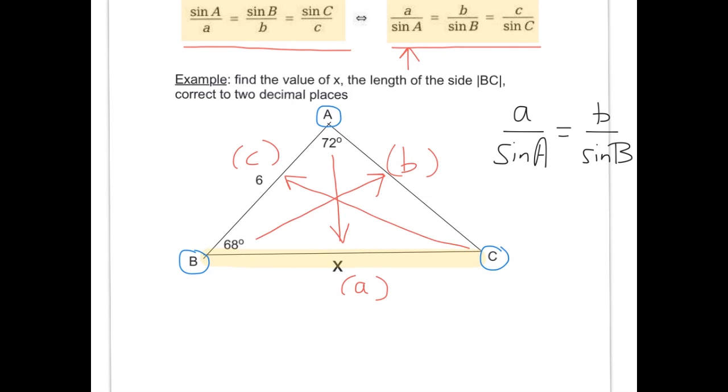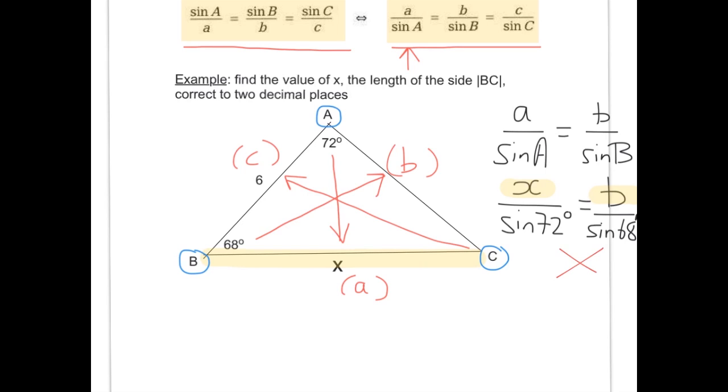Well, we know a is our unknown x, so we have x over sine 72 degrees equals, we don't know what b is, so let's leave that as b, over sine 68 degrees. Now our problem here is that we actually have two unknowns. We have our unknown x and we have this b that we don't know either, which means that this formula will not help us in trying to work out what x is.